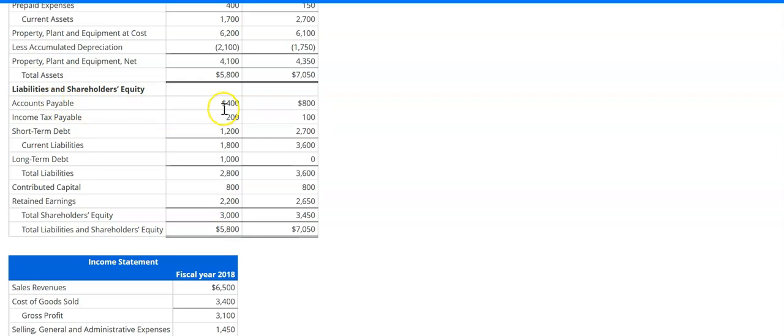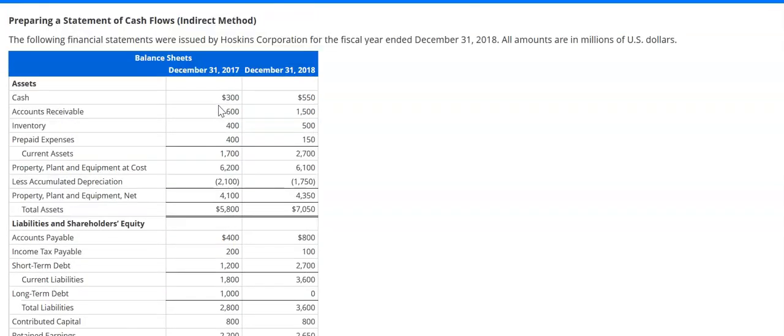And so we went from $400 at the end of 2017 to $800 at the end of 2018. And this is about the only good news we'll ever get with liabilities, is that whatever the change is here, we enter it the same way on the statement of cash flows. So think about it. When we incur certain liabilities, I'll just use payroll as an example because that's a pretty good one. We recognize that expense when it is incurred.